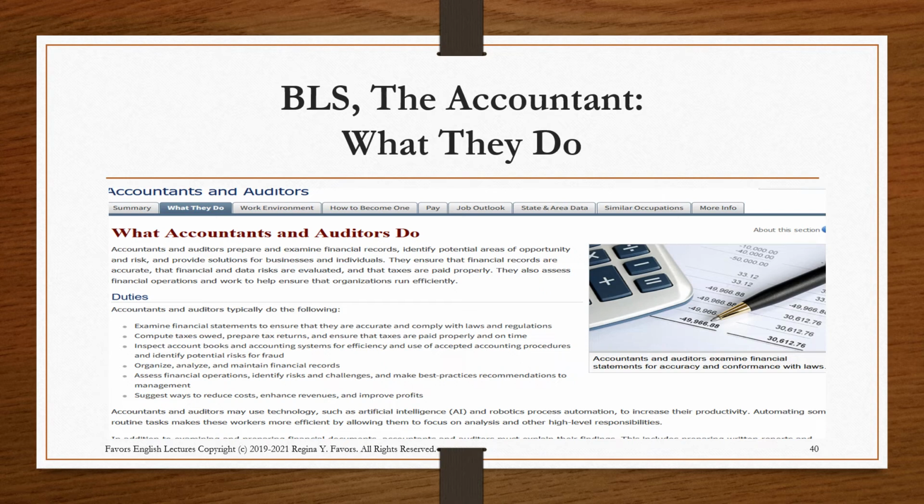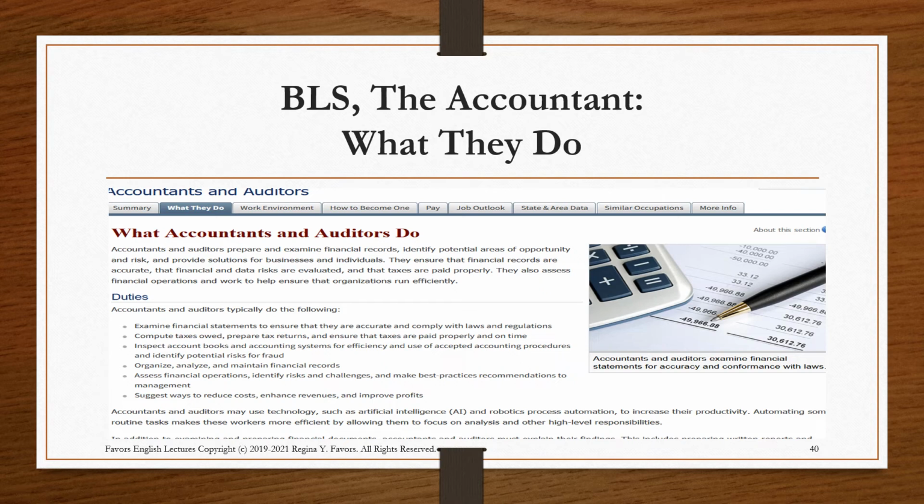So then you get into duties, and these are duties. And this page gives you much more information. I just only wanted to give just a little bit. But examine financial statements to ensure that they're accurate, of course. And accurate means that they also comply with laws and regulations. Compute taxes owed, prepare tax returns, ensure that taxes are paid properly and on time.